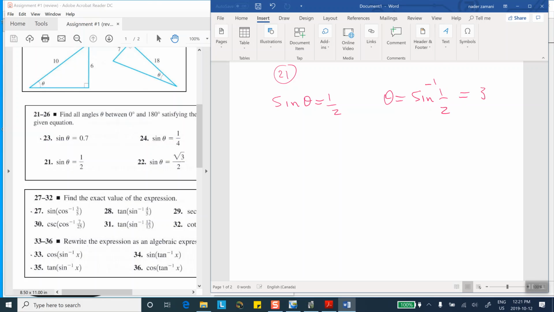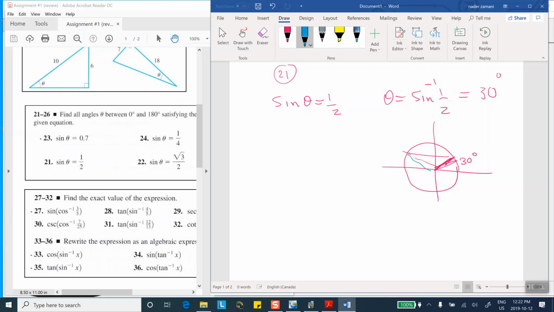Pi over 6 was 30 degrees, right? Good. So what it means is that I got this angle, which was 30 degrees. But there's also the other angle on this side, that angle, which has the same sine. So theta 1 is 30 degrees, yes. Theta 2 is 150 degrees.